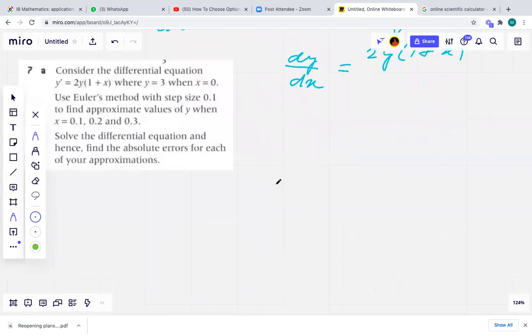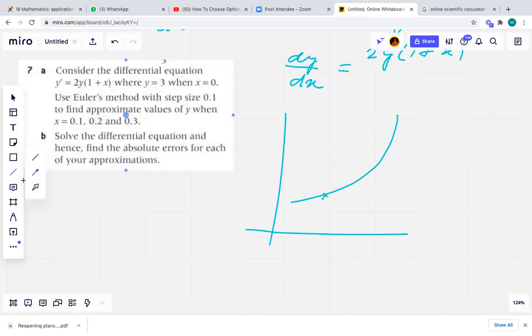I will introduce the problem, we won't solve it now. Suppose this is my curve, it could be anything, I'm just showing this. Now I'm starting from here. Suppose I draw a tangent.